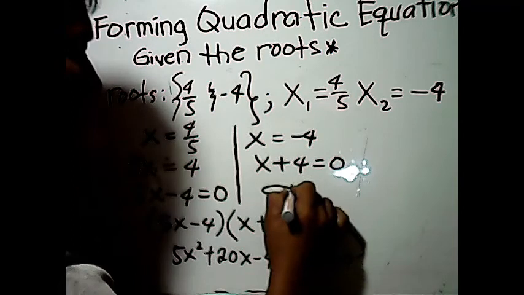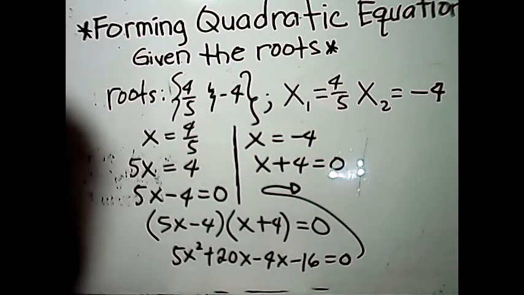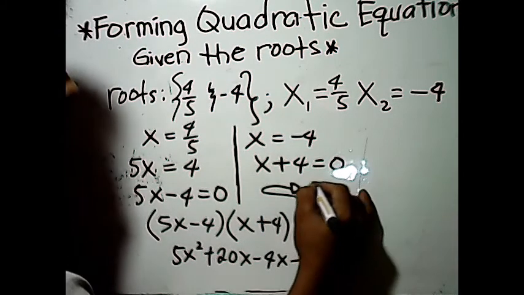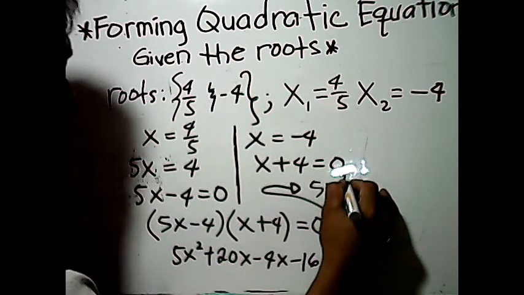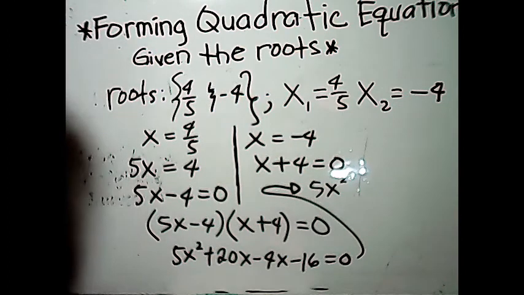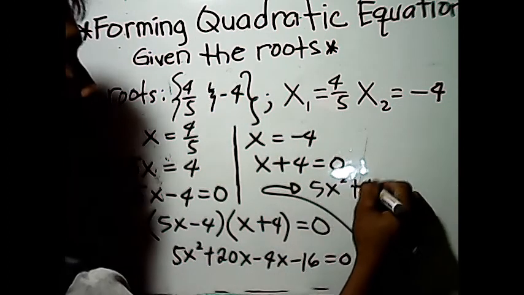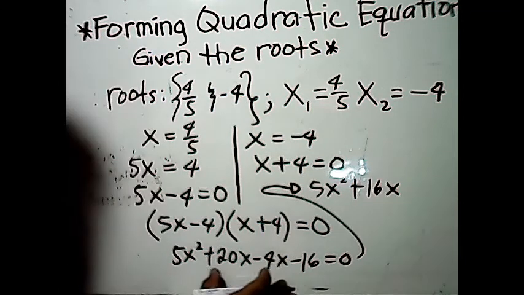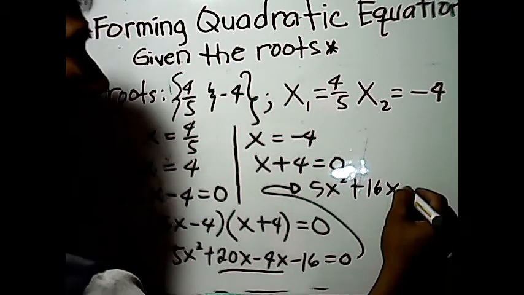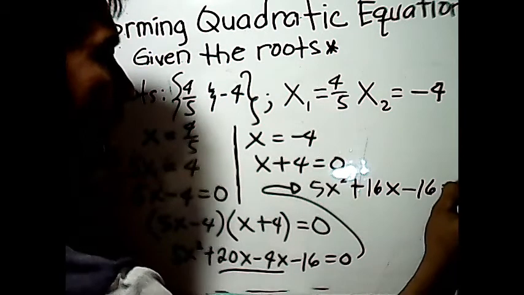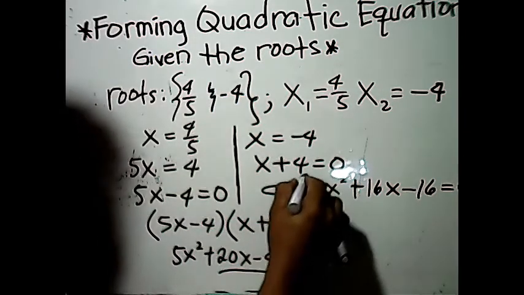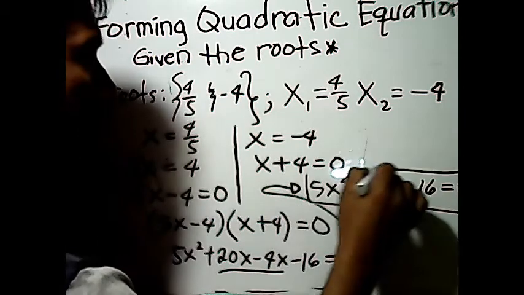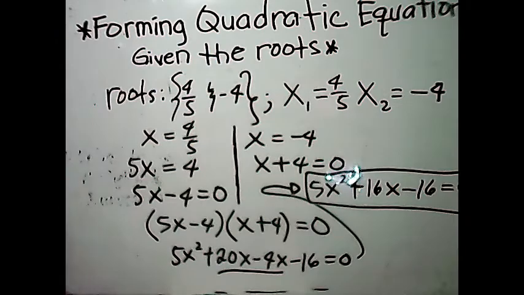Okay, so we will write our final answer here: 5x squared, and then combine like terms, plus 16x, and then minus 16 equals 0. Okay, so that's it.